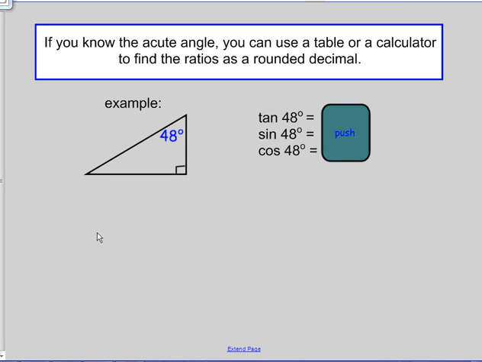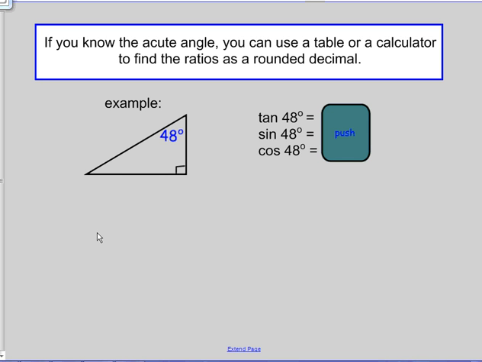What we can do is find the ratios as a decimal by plugging some information into the calculator. I'm sure that on your scientific calculator you have seen those buttons that look like tan, sine, and cos. This is where you're going to do it.